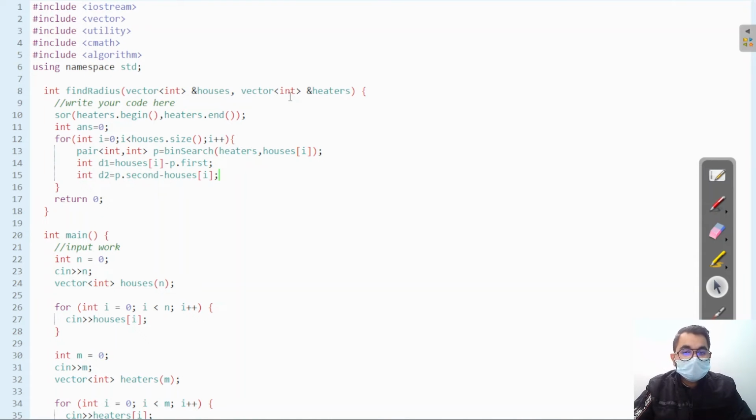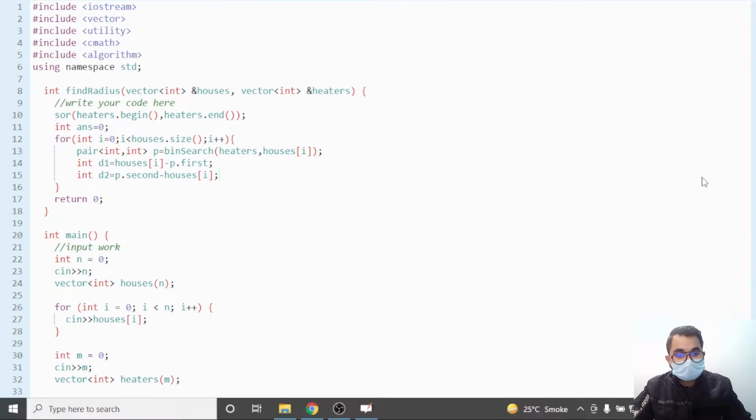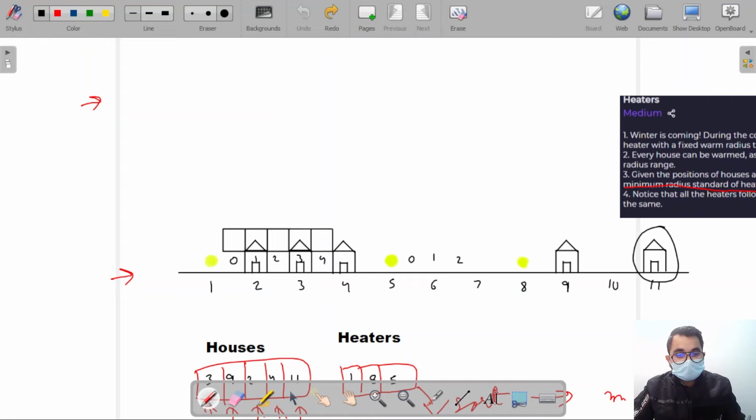Is it possible that every time I try to find a heater, I will find it on the left side, or I will find it on the right side? Is it possible? Let's see. Here, can you see? Is there any heater on the right side? No, there is no heater on the right side. So what is going to happen in this case?